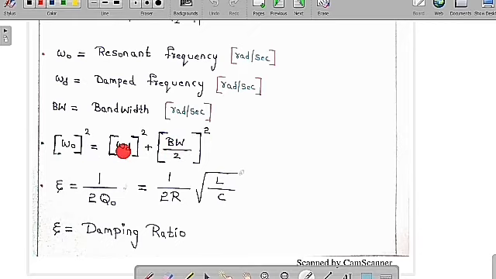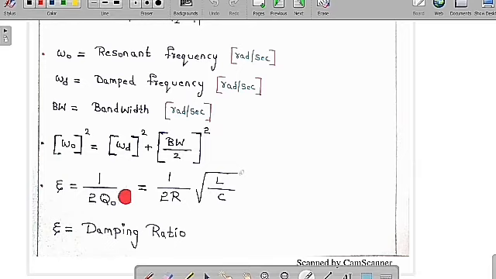It's a very important formula regarding the relation between the resonant frequency, damped frequency and the bandwidth. All the units are the same, which is radians per second. So omega 0 whole square is equal to omega d whole square plus (bandwidth by 2) whole square. So this is the relation between the resonant frequency, the damped frequency and the bandwidth of a parallel RLC circuit.